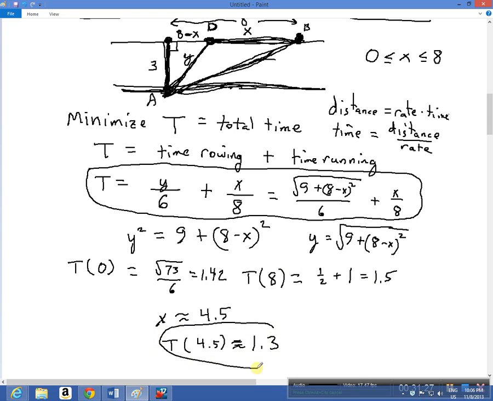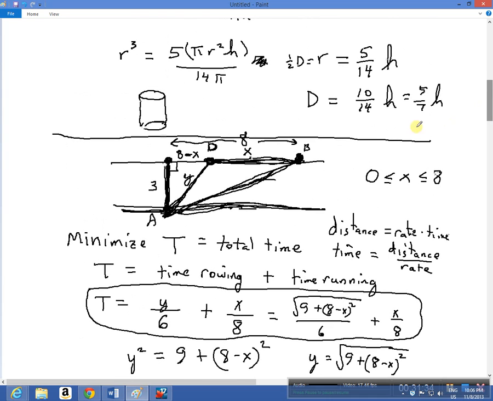So, in fact, if we go with x equal to about 4.5, so about 4.5 kilometers away from B, and choose that point, and row to that point, and run the rest of the way, we will minimize our time.